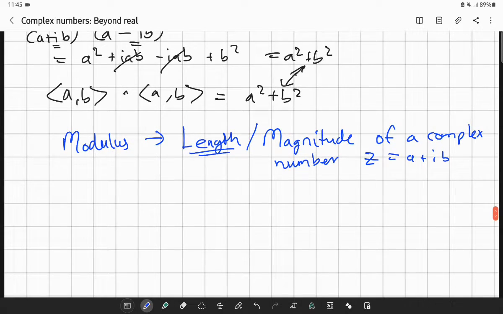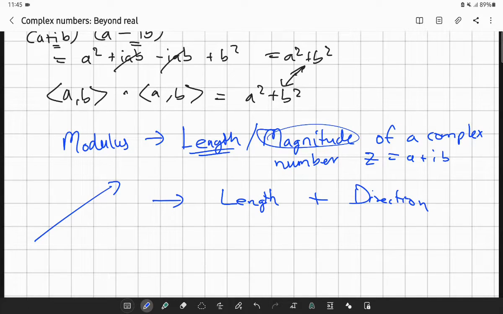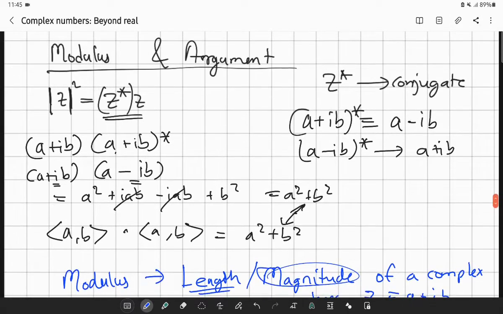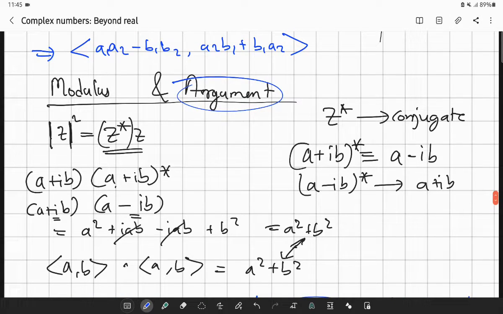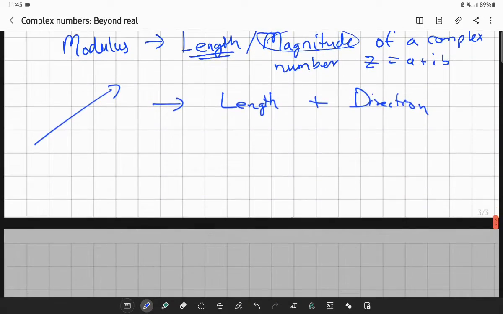Now, from your high school studies, you probably learned that a vector is an arrow in space, and it has a length and it has a direction, right? Now we found the length of the vector, or the magnitude. How do we find the direction? That's where the argument comes in. By argument, I don't mean like you're having an argument with your friend or your father or something like that.